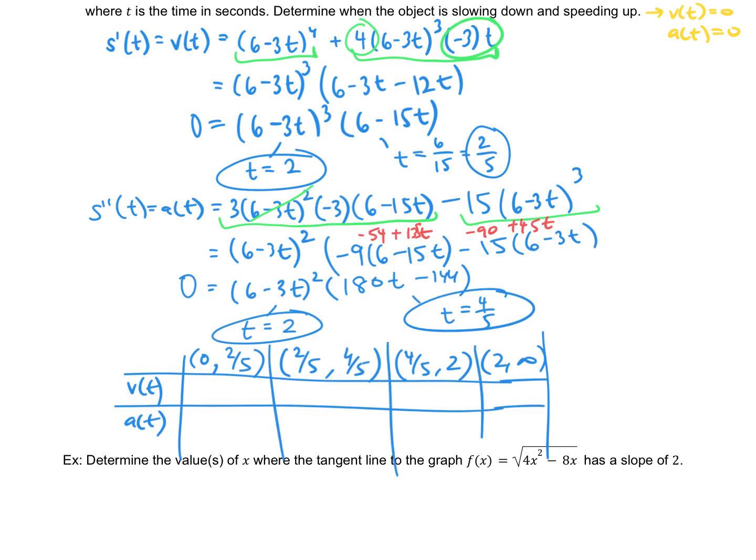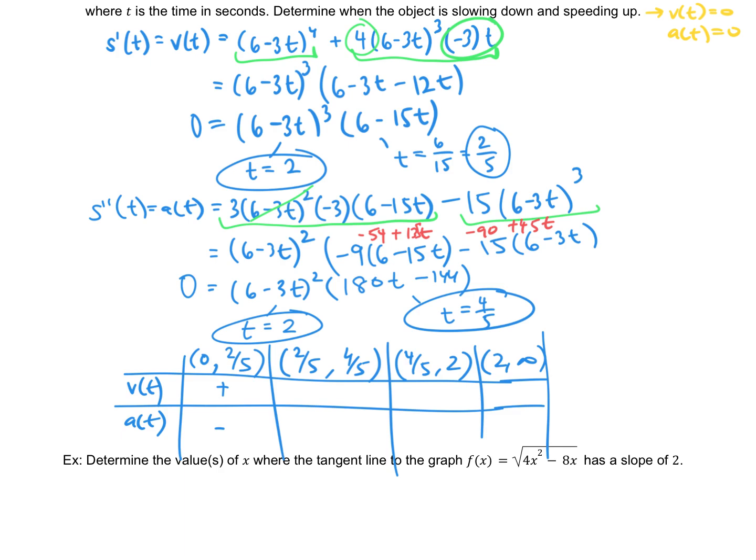All right, so you're going to pick test values within each interval. So between 0 and 2 over 5, maybe we pick 0.1 or something like that. And when I plug it into velocity, I end up with positive, negative for acceleration.